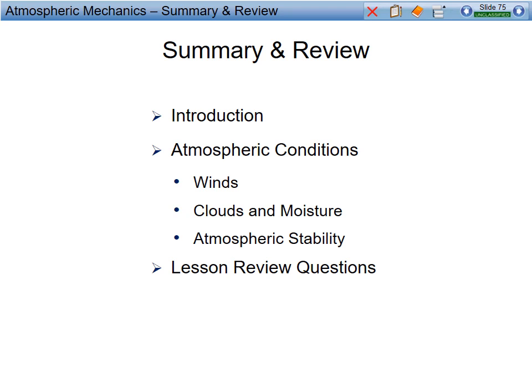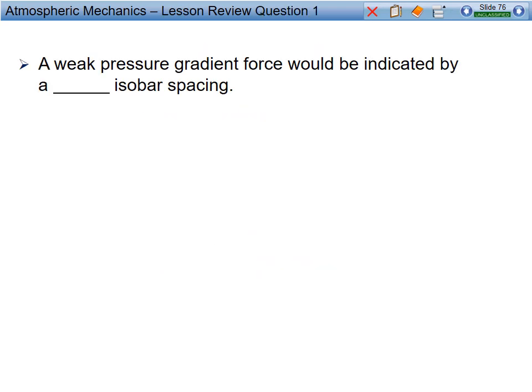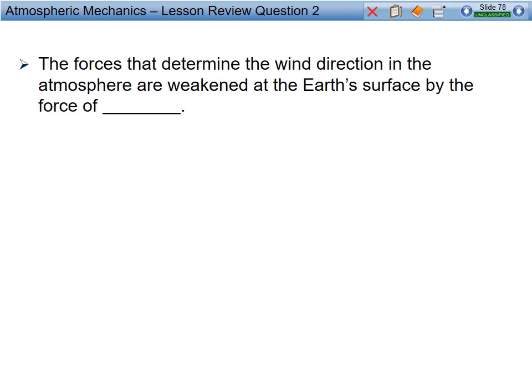In summary, we talked about the atmospheric conditions, large-scale wind patterns, surface analysis charts, winds and patterns associated with winds, clouds and moisture, and atmospheric stability. A weak pressure gradient force would be indicated by a wide isobar spacing, meaning less pressure gradient force and less resultant wind speed.